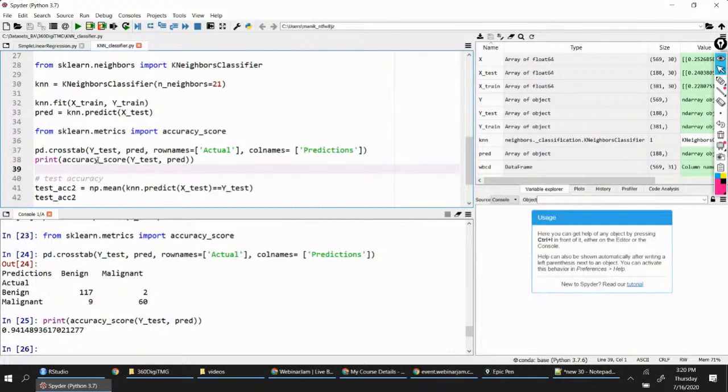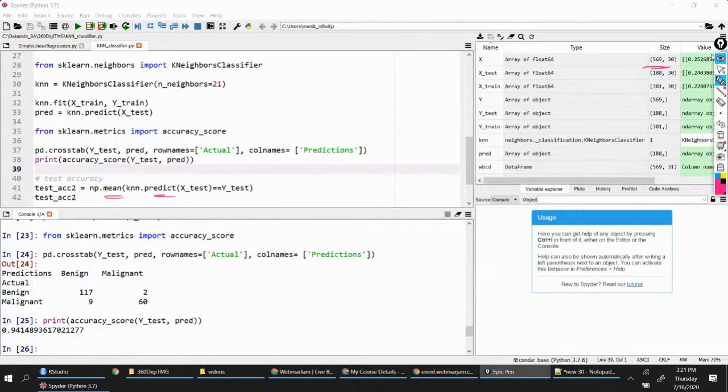But is this the right prediction? It may be just by a fluke or just by chance, right? So we will also see how well it is actually getting trained. So I will take that training data, and we cross verify what the prediction is on training data.